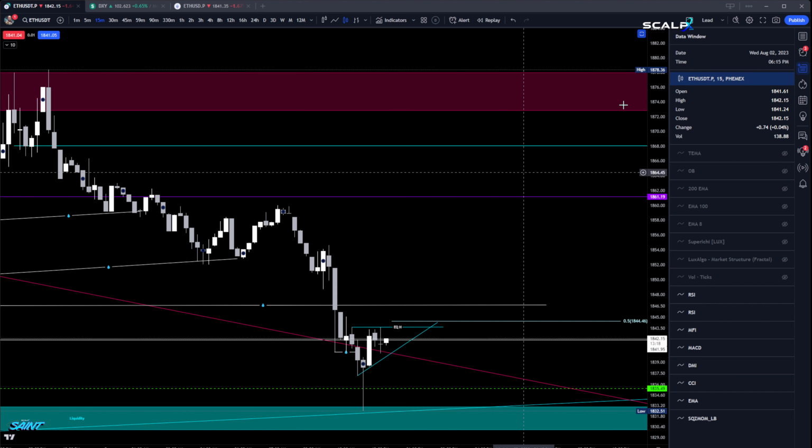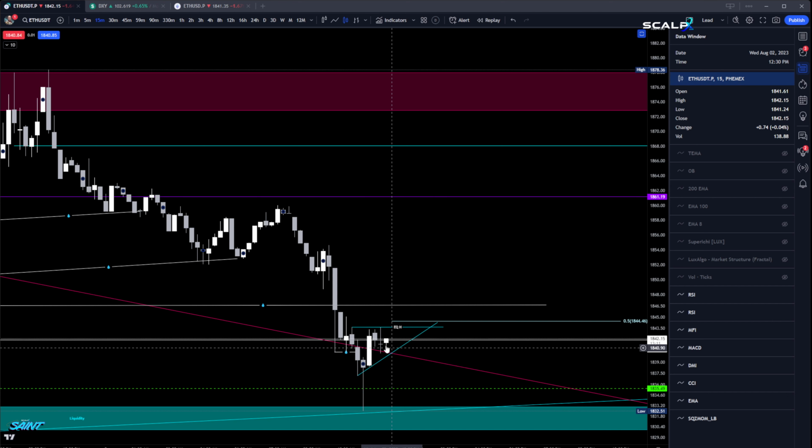And if you look to the right on my data window, you can see where it opened and where it closed. That's your clue to confirm what kind of candle this is. Yes, you are right. It's a doji. Yep, indecision.